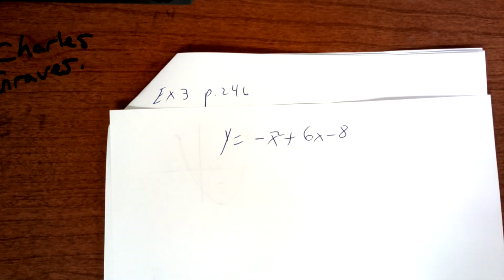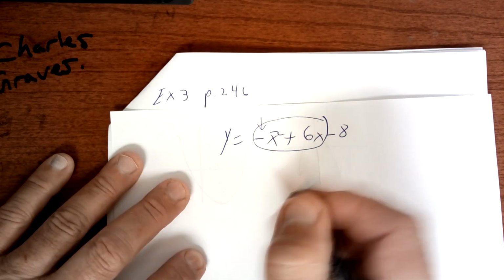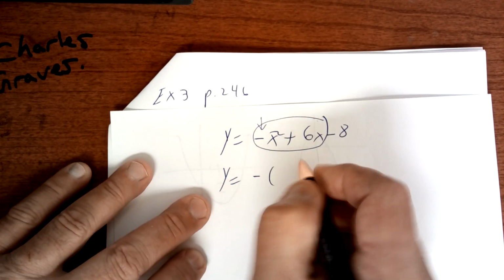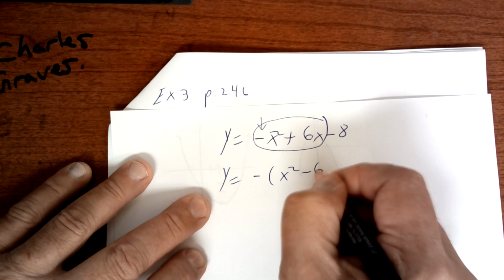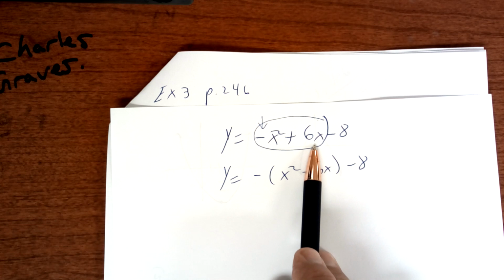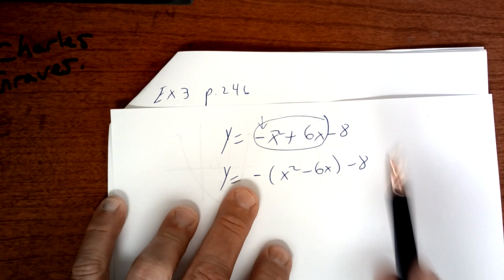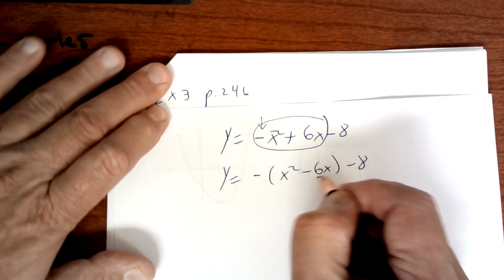Okay, so the first thing we're going to do, they don't like the first one to be a negative, so we're going to factor out a negative. So you're left with x squared minus 6x minus 8. And you're only factoring the negative out of this right here. Okay, so once you do that, you got to change that sign to the negative times the negative and make it positive.